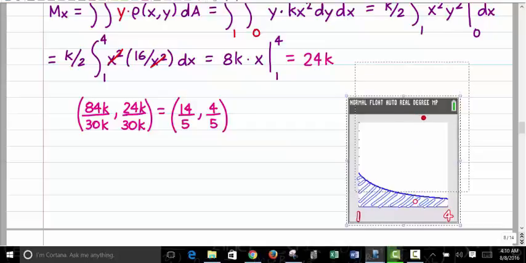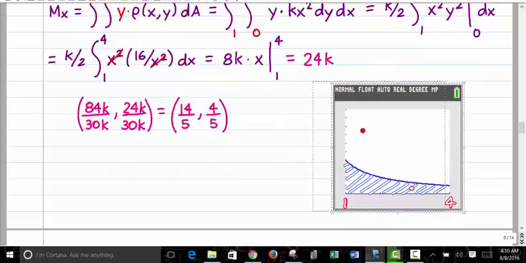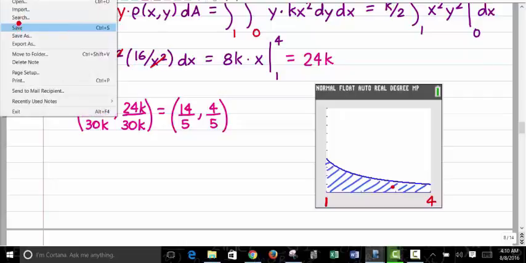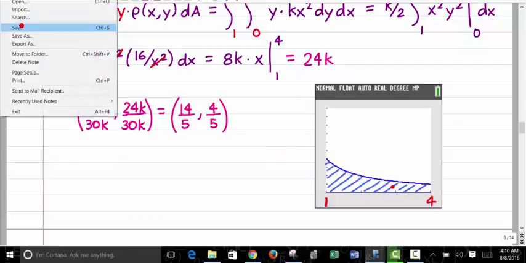Then we have 4 over 5 for the y of the centroid. Okay, I put a little dot there approximating about where it would be. It might not be perfect, but it's clearly in our region, so I'm very happy with that.